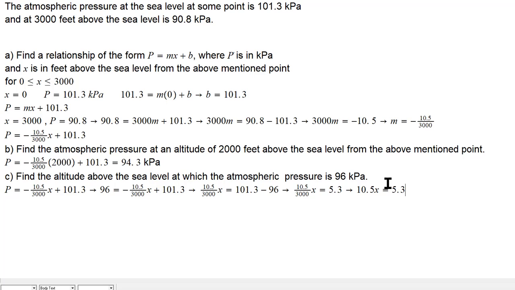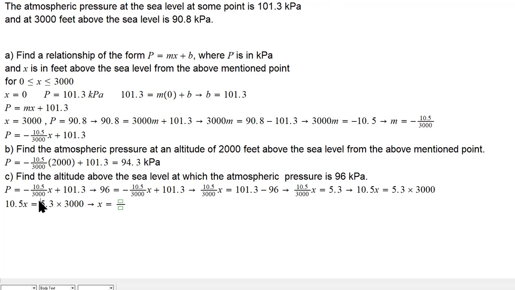And so when we try to get x, we can multiply by 3000 and get 10.5x as 5.3 times 3000, right? And then all that we have to do to obtain my x is to divide this by 10.5, right? That will isolate x for us.